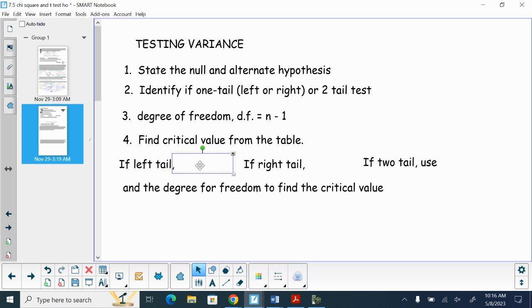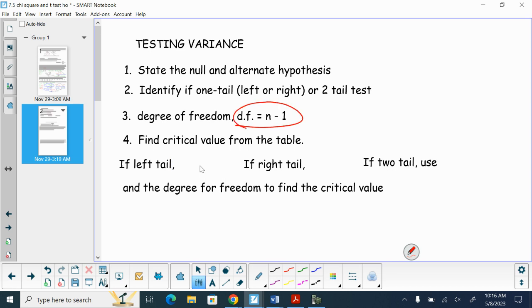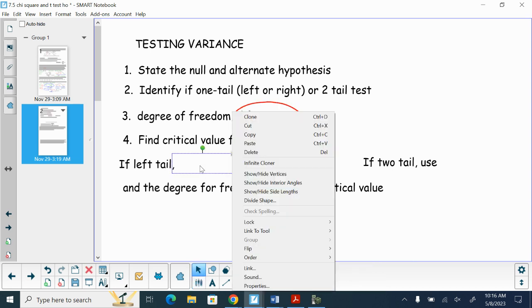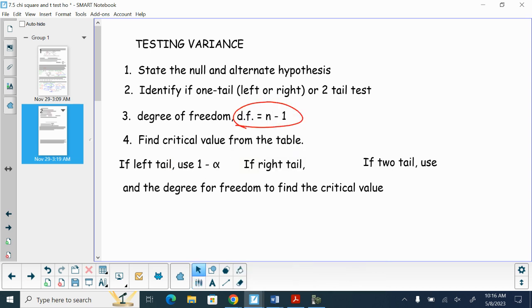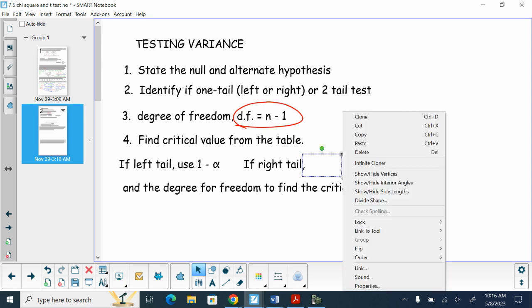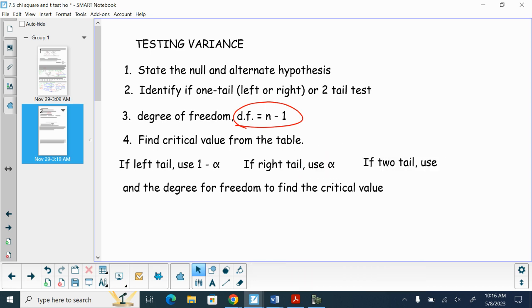We have our degree of freedom, which is n minus 1. If it is a left tail test, you go 1 minus alpha. If you have a right tail test, you use alpha. If you have a two tail test, you have to come up with two critical values. You have 1 minus alpha divided by 2, and then alpha divided by 2.